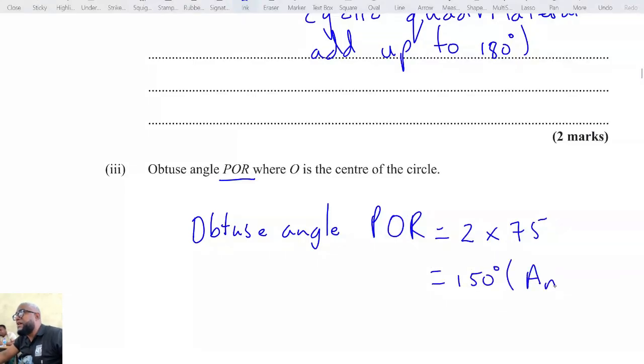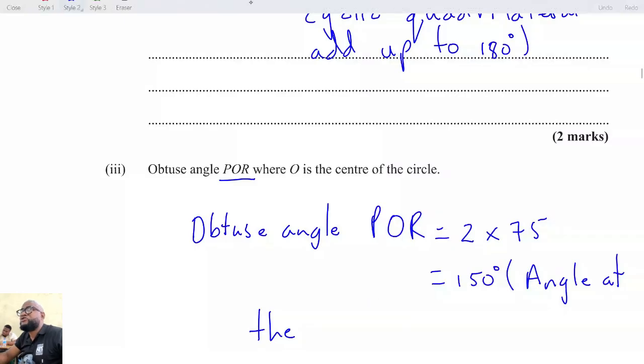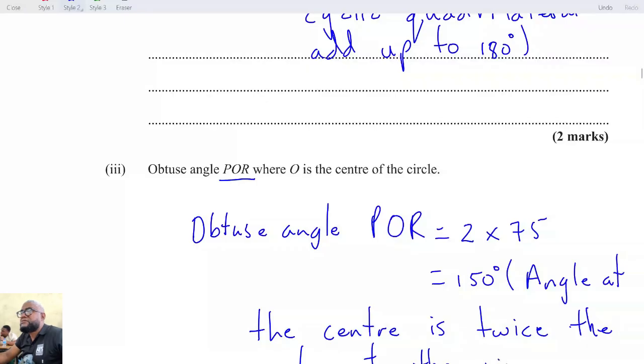The reason will be angle at the center is twice the angle at the circumference. Everybody good there? I believe this is the last part of this question.